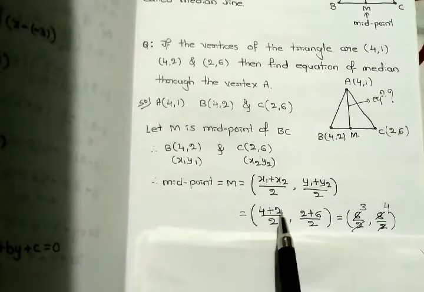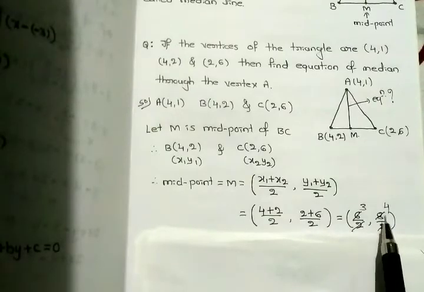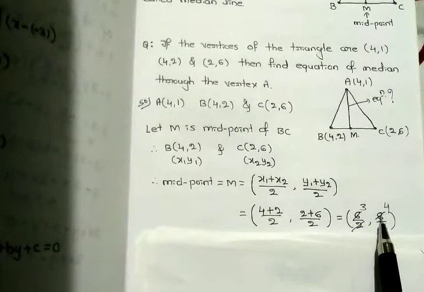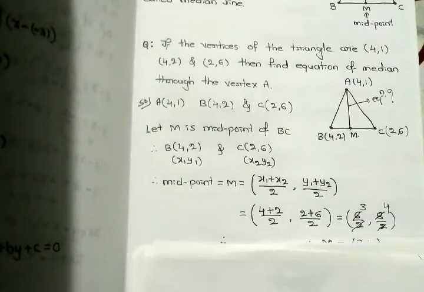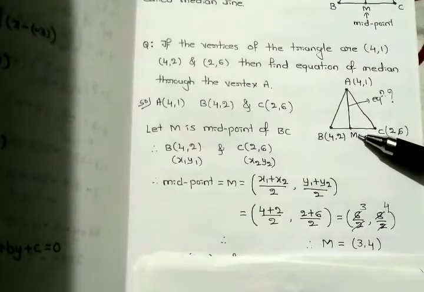Add 4 plus 2 is 6 divided by 2, that is 3. 6 plus 2 is 8 divided by 2, that is 4. Therefore, what is the value of M here? M value you got is (3, 4).